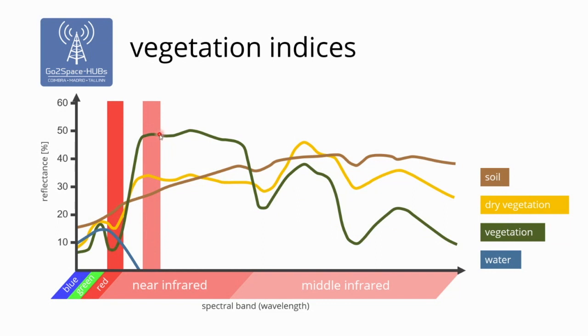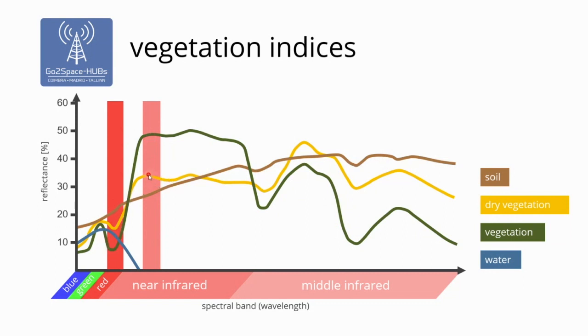So we will get a much bigger difference here for the healthy vegetation than, for example, bare soil, the brown line here. This difference here is much higher. We can calculate the ratio of those two bands. Why not? So again, it's much bigger than for anything else.